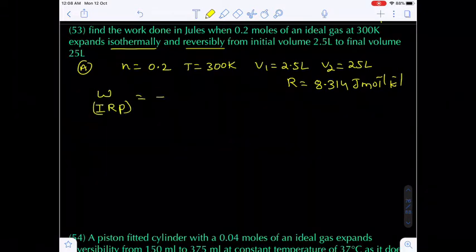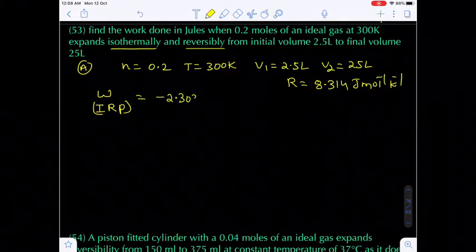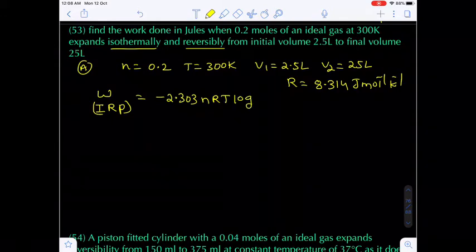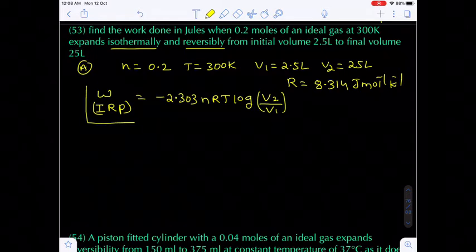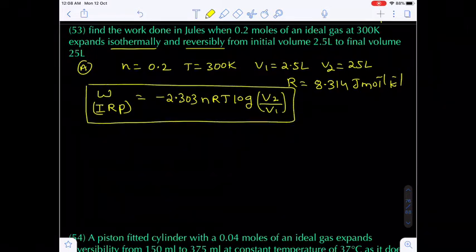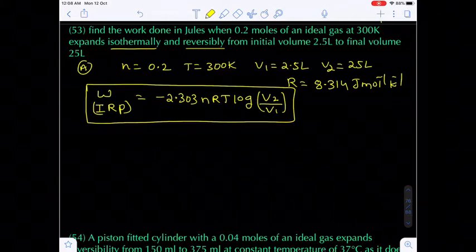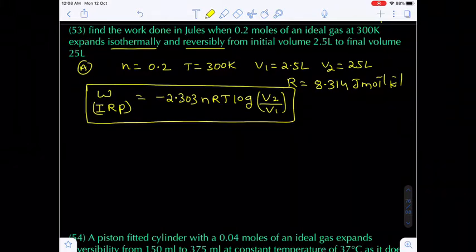W_IRP, that is nothing but minus 2.303 nRT log of final volume, let's suppose V2, by initial volume, that will be V1. Are you getting my point? Now this expression is valid for both compression as well as expansion in isothermal reversible process.